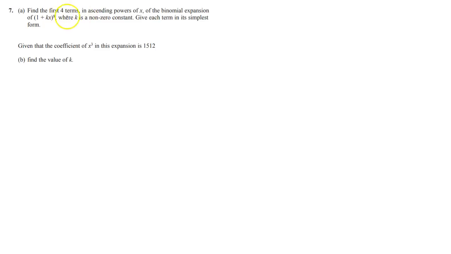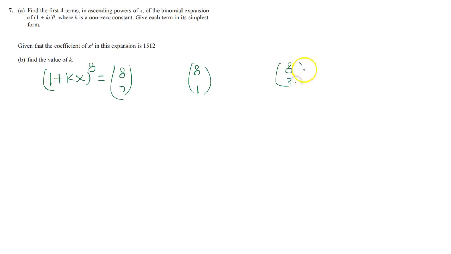Question number 7. Find the first 4 terms in ascending powers of x of the binomial expansion. The expansion is (1 plus kx) to the power 8. So first term is 8C0, second term is 8C1, third term is 8C2, and fourth term is 8C3.